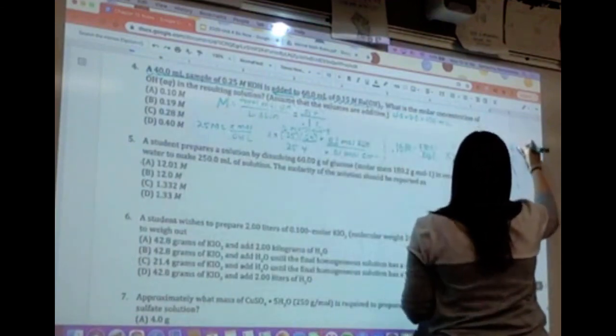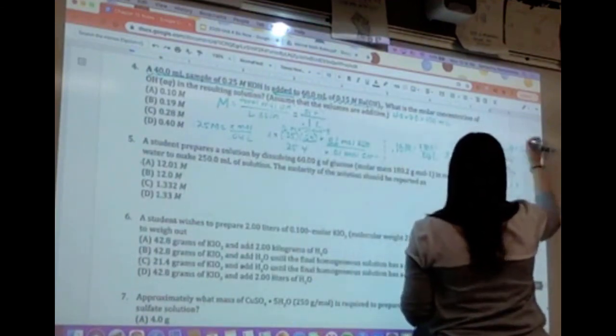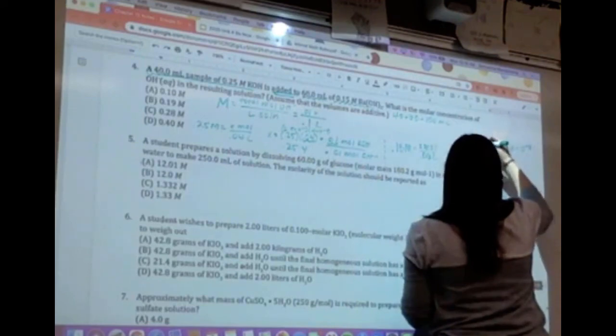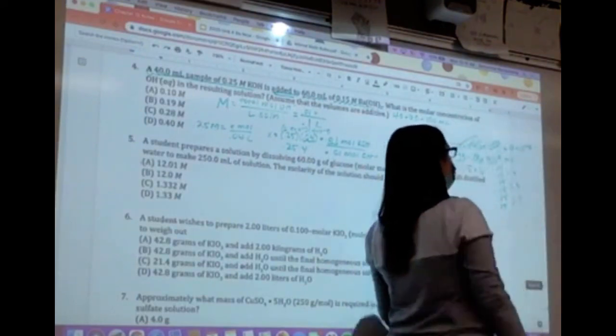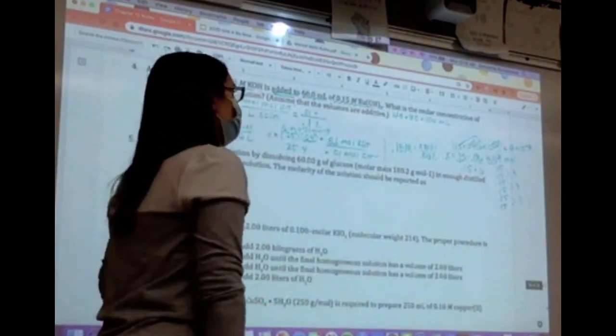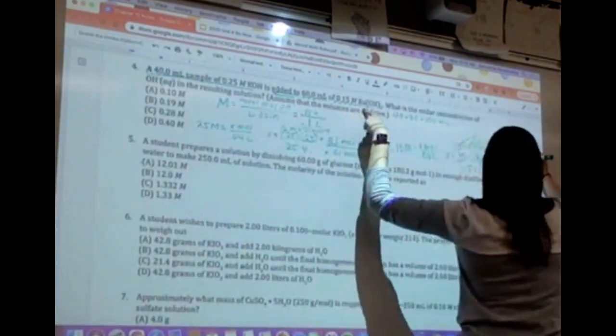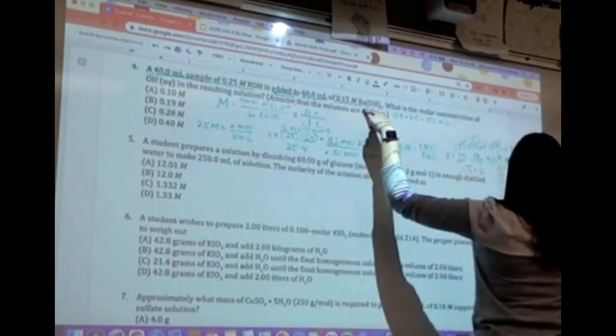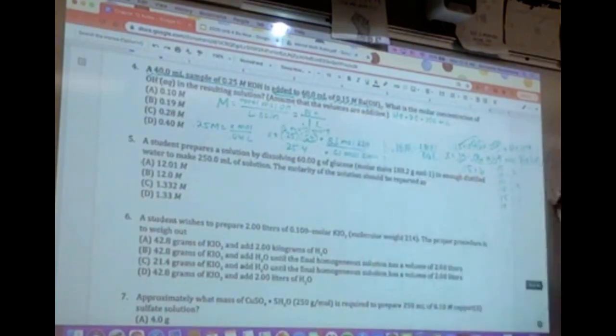So you get 9 times 10 to the negative third. Multiply these numbers, add your exponents. We get the same thing. This is barium hydroxide, 0.009 moles of barium hydroxide.